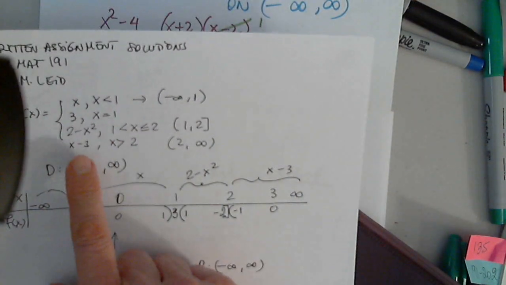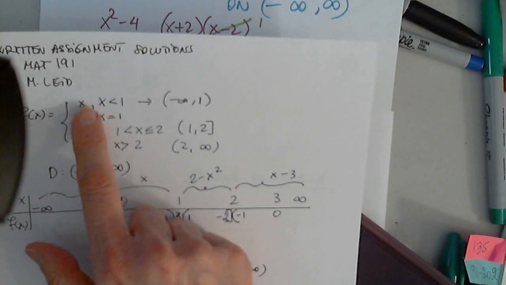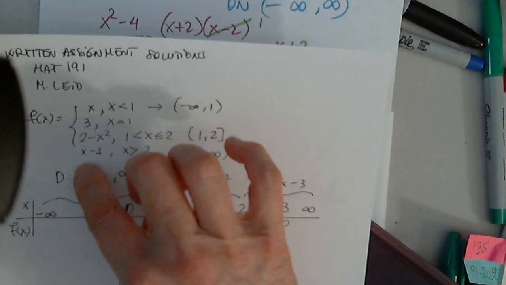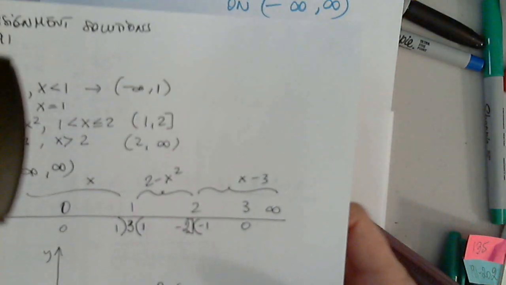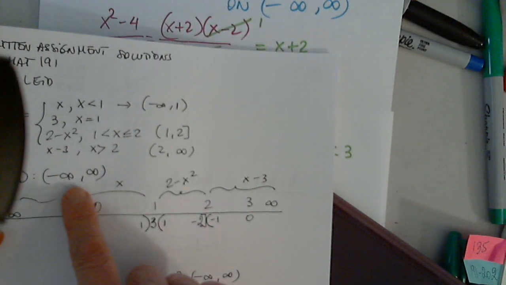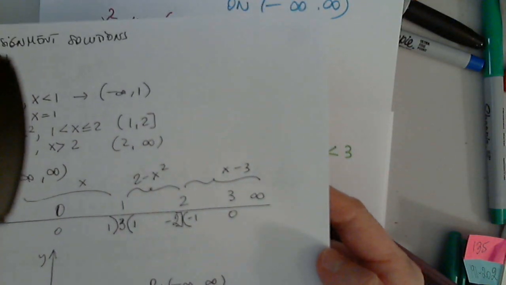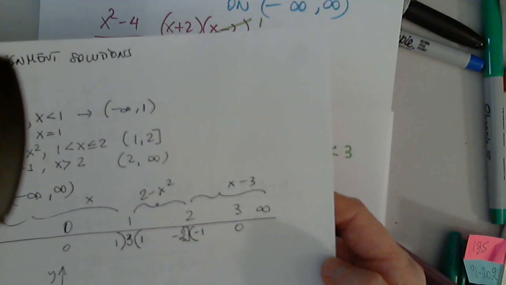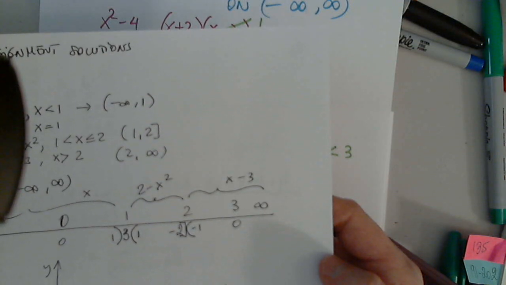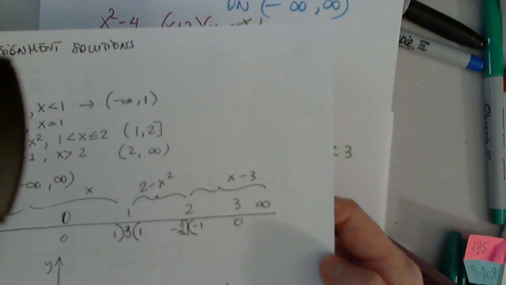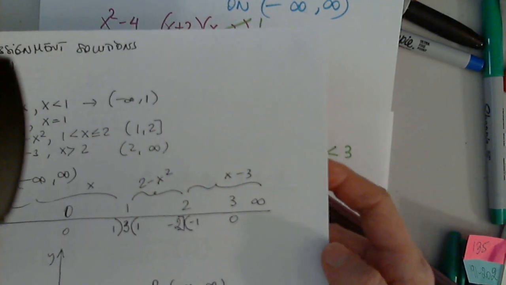Okay, so this was a piecewise defined function. It had 4 pieces, x3, 2 minus x squared, x minus 3. We decided that this function was defined everywhere. Where could this function have a problem, and why? The function could have a problem where the piecewise pieces come together. Absolutely.